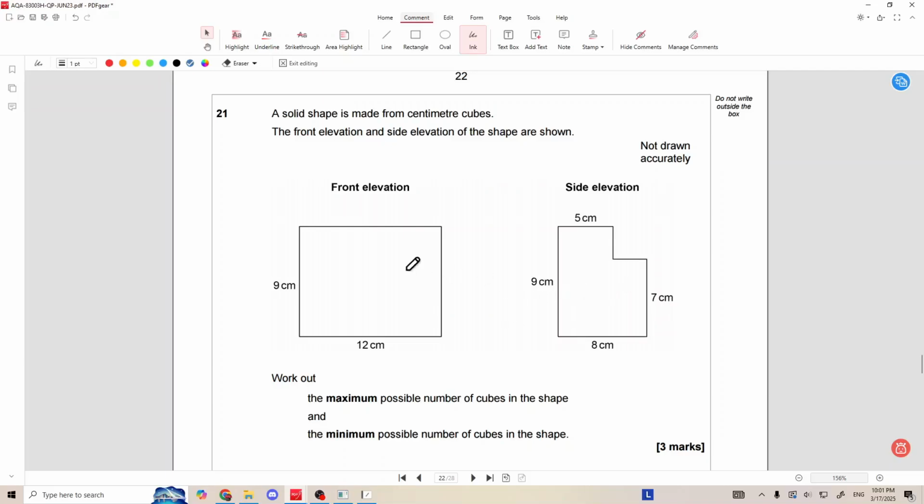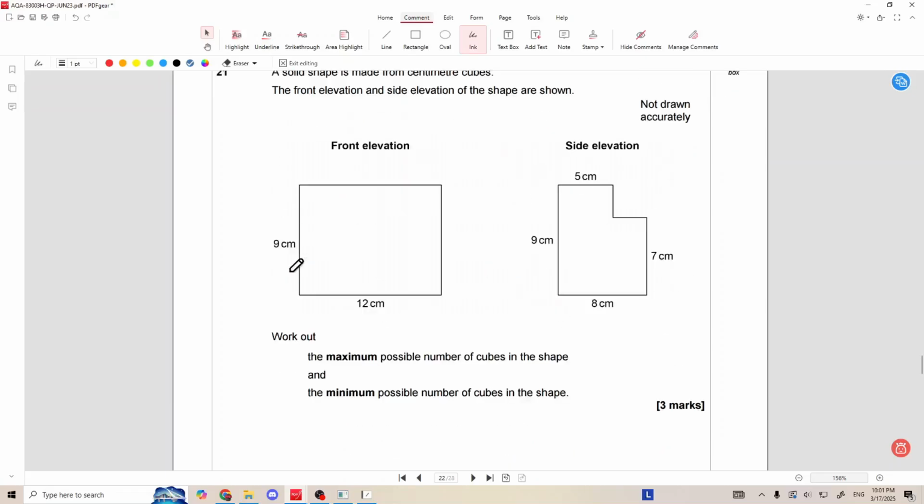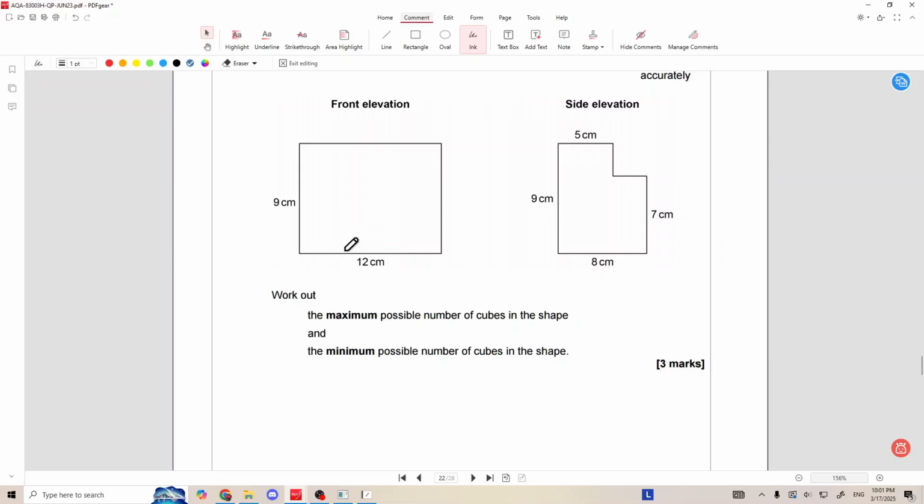So the minimum could be that everything behind these two is hollow, and the maximum is everything behind these being full. So we're going to calculate the maximum first.